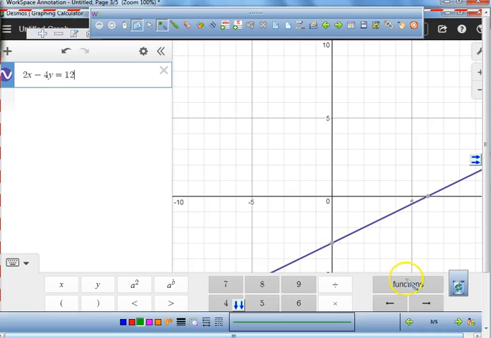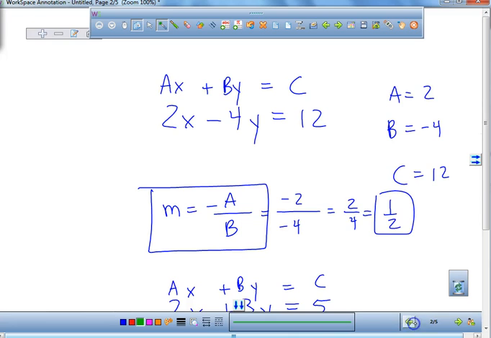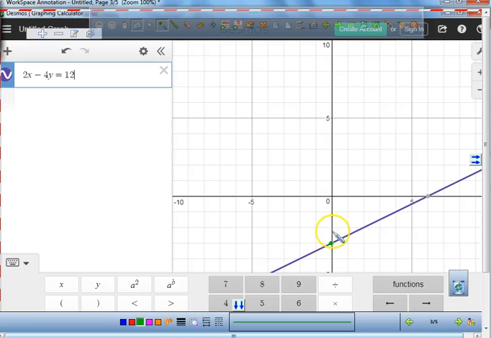Remember what I said the slope was? What was it equal to? 1/2, 1 over 2. You guys see the pattern? That's how you can interpret slope.